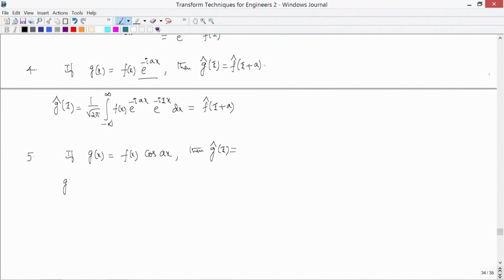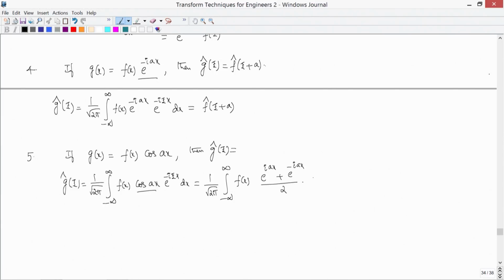If you actually calculate g cap of xi again, it is 1 by root 2 pi, integral from minus infinity to infinity of f x cos a x into e power minus I xi x dx. So cos a x I can write as e power I a x plus e power minus I a x divided by 2, times e power minus I xi x dx.